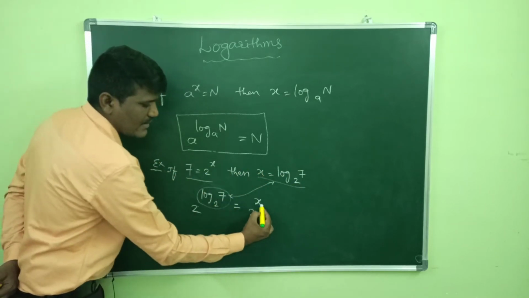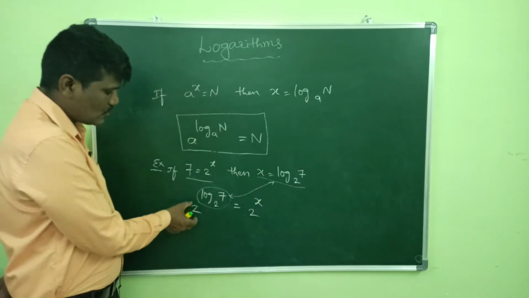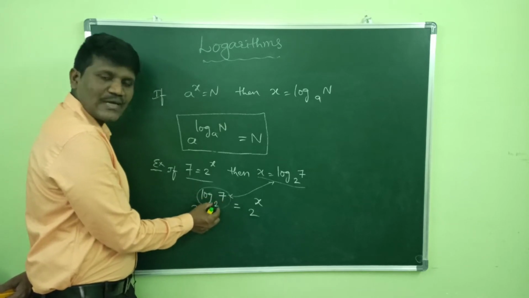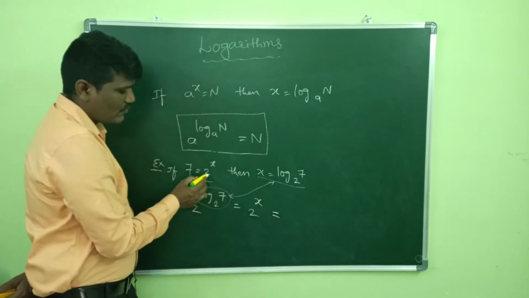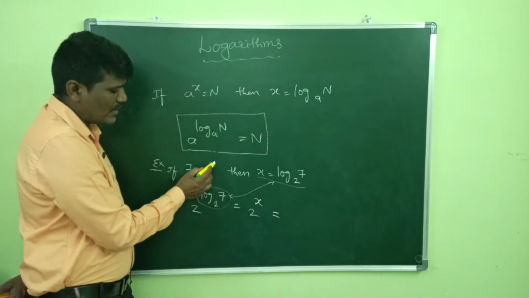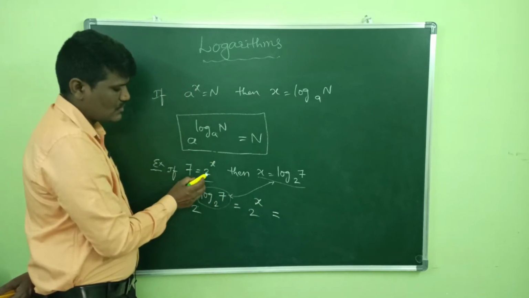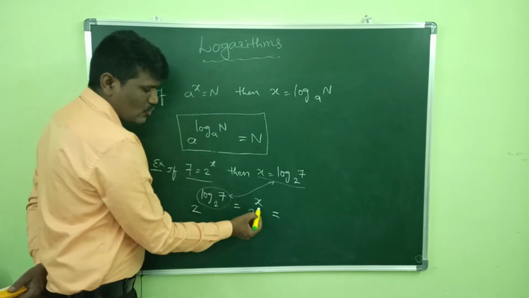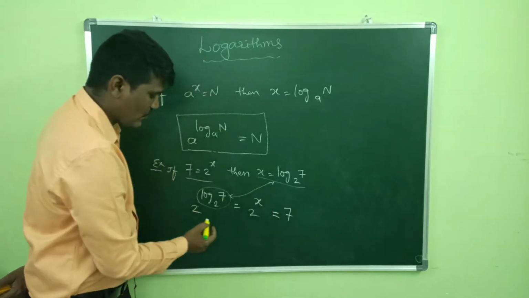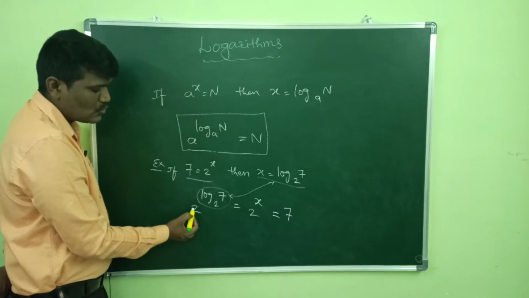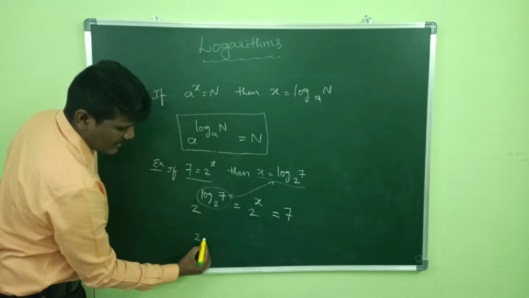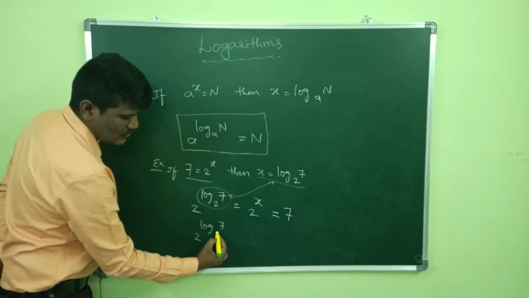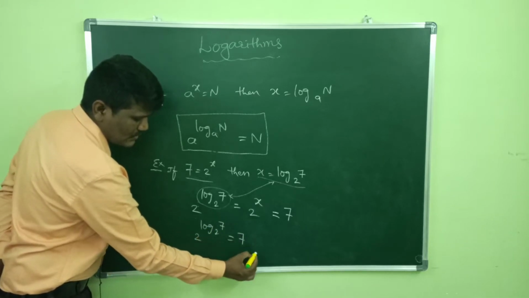So I can write 2 power x, and from this I know that 2 power x is equal to 7. So 2 power x is nothing but 7. So finally, 2 power log 7 to the base 2 is equal to 7.